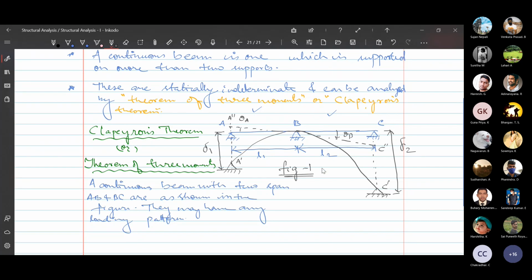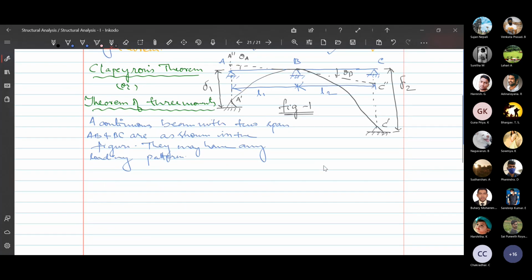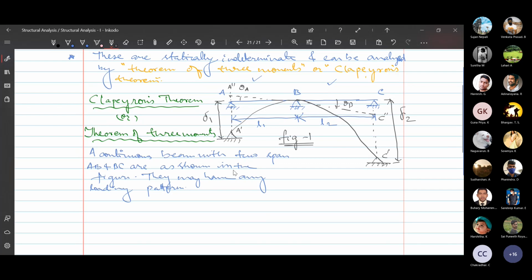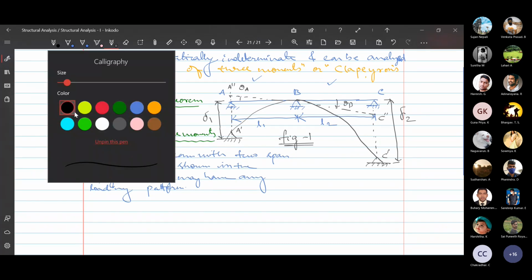So if we draw the bending moment diagram for this one, let me change the color of the ink to green.